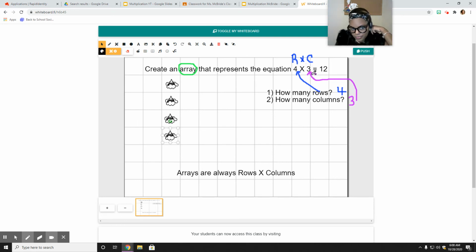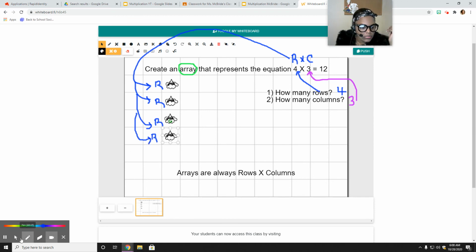So now, let's do our rows. And matter of fact, I am going to put R here so that we know this is a row. I'm not creating 1 column. I created 4 rows. And I'm even going to draw an arrow here so that we see the connection between everything.